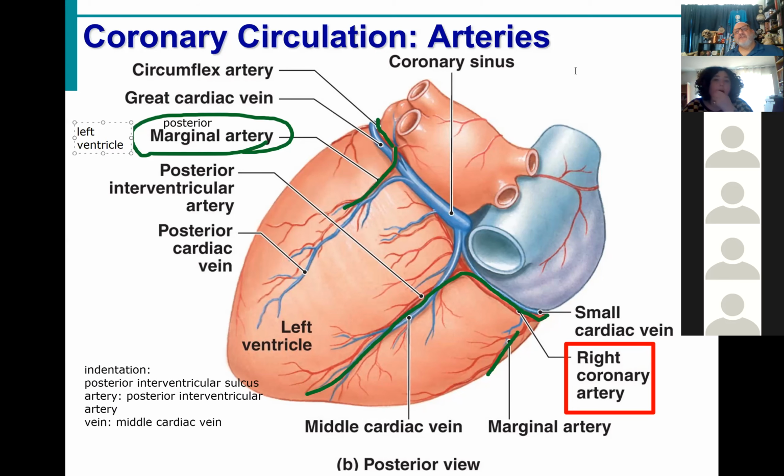And notice there is a vein that empties that left ventricle as well. And it is known, because it's on the backside, as the posterior cardiac vein, and sometimes called the posterior cardiac vein of the left ventricle.